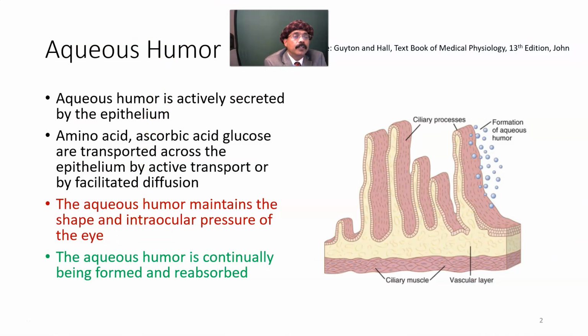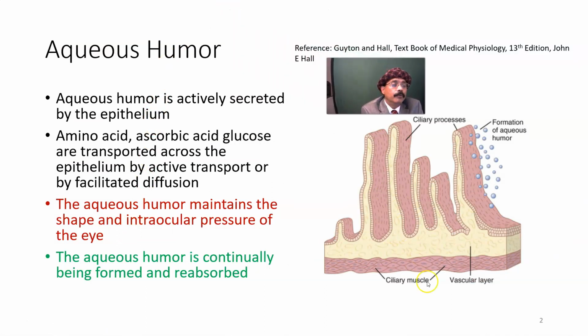If we go to the ciliary body, we have some prolongations like this. These are the ciliary processes lined with the epithelium that actively secretes the aqueous humor. And this is the vascular layer containing a lot of capillaries. This is the ciliary muscle layer.